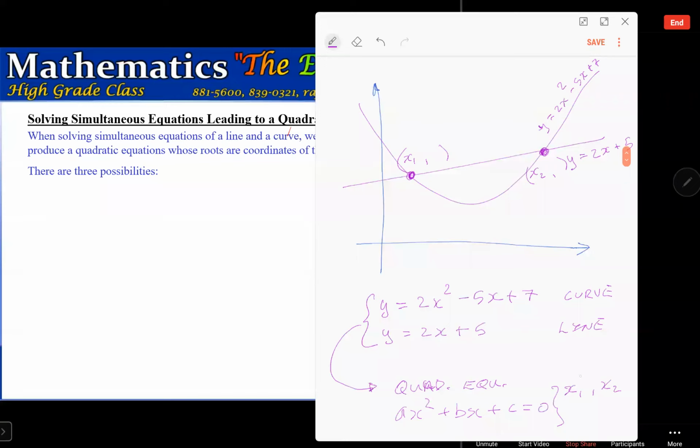So you're going to substitute this x value back in the line equation to get the first y value there. And then you use the other x value in the line equation, and it will tell you what the y value is here. So basically, that's what we're doing. And you're going to get 2 points of intersection. Because you're getting two x values, you have to get a quadratic equation. Remember, it's a quadratic equation that can give you 2 x values.